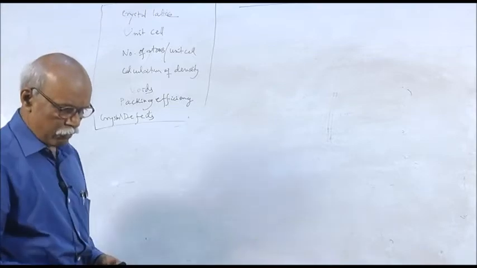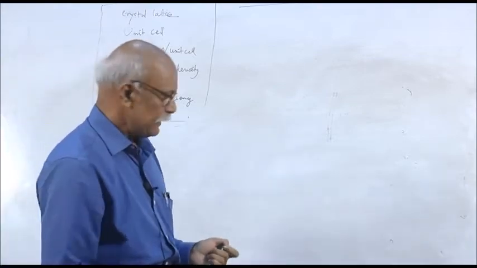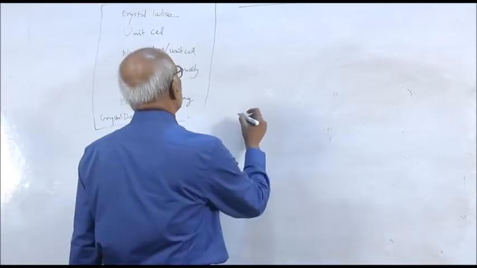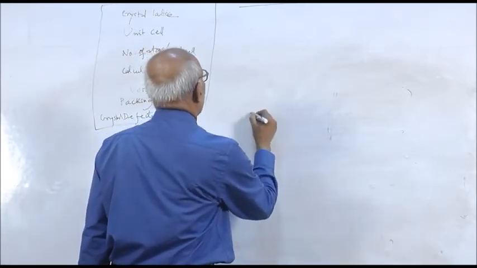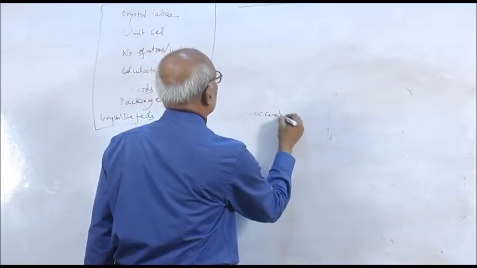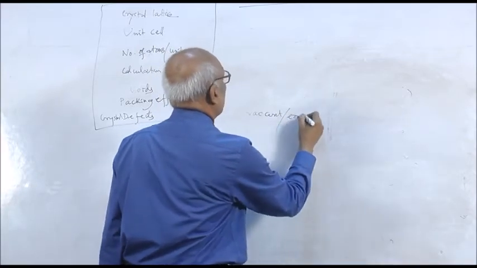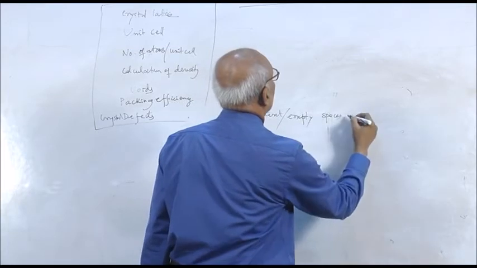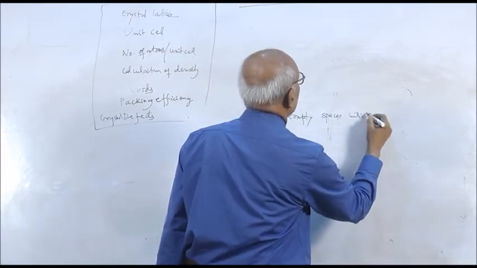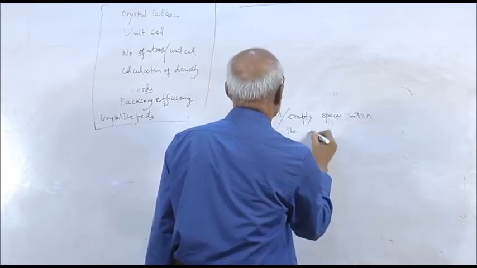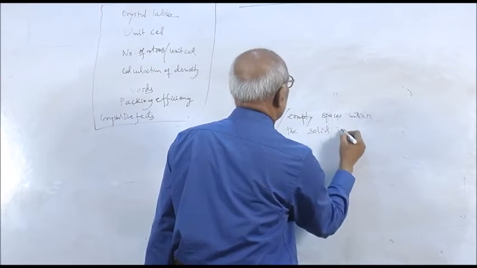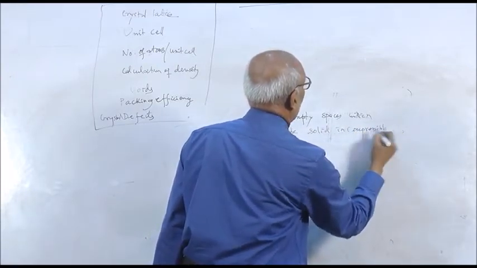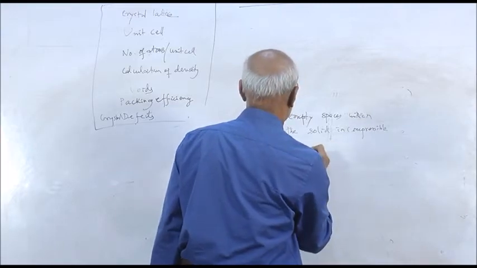Then we come to voids. Voids are the vacant or empty spaces in between the spheres, within solid incompressible spheres.